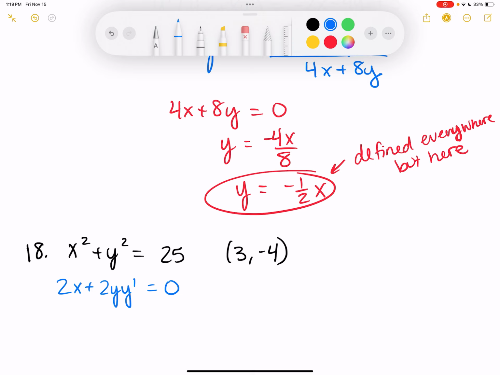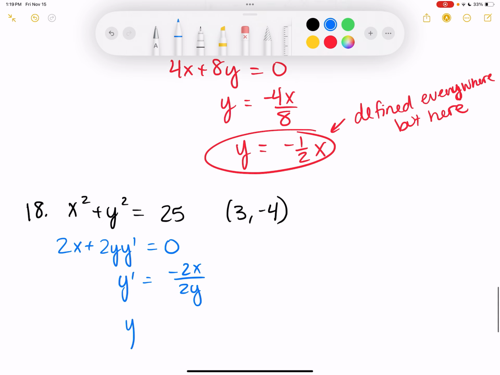Yep. So then y prime equals negative 2x over 2y. y prime equals negative x over y. Plug in our numbers. So I get negative 3 over negative 4, which is just 3 over 4. So this is the slope of the tangent.